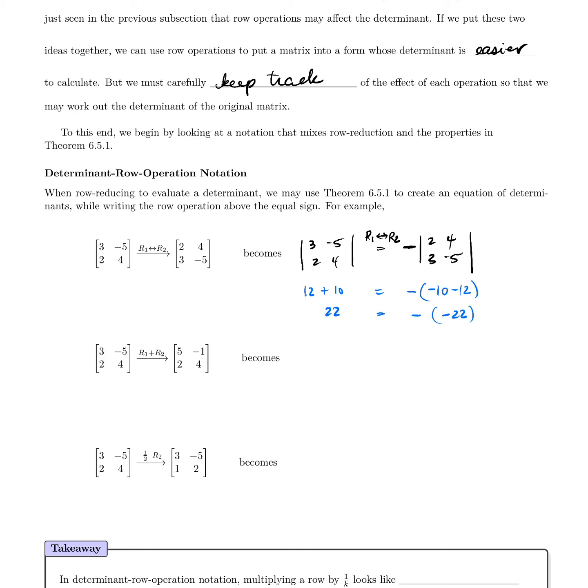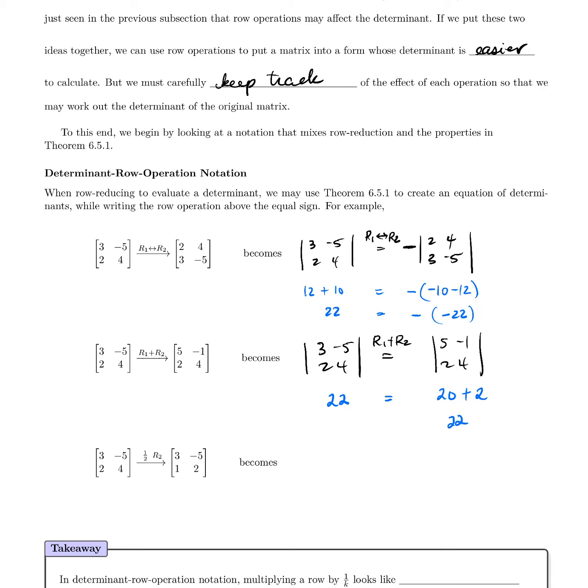Next kind of row operation, if we add two rows together, well, that becomes 3, minus 5, 2, 4, equals, with the row operation on top, and then 5, minus 1, 2, 4 when we've added those two rows together. On the left, if we evaluate that determinant, we still get the same 22. On the right, what do we have? 20 minus minus plus 2, 22 as well.